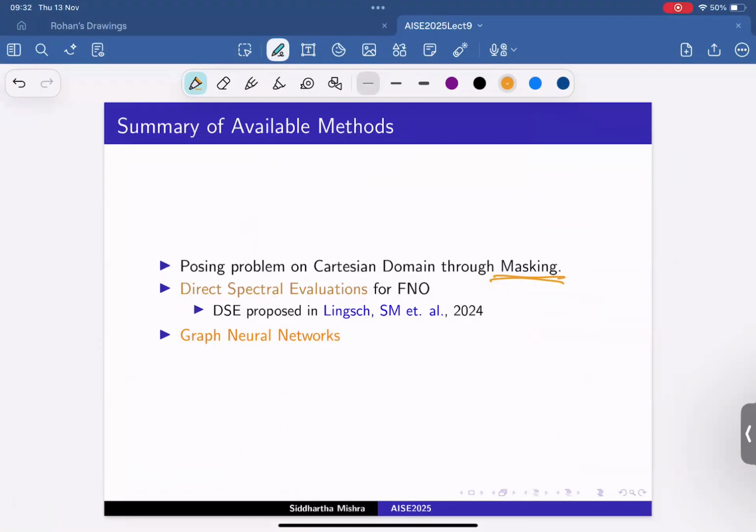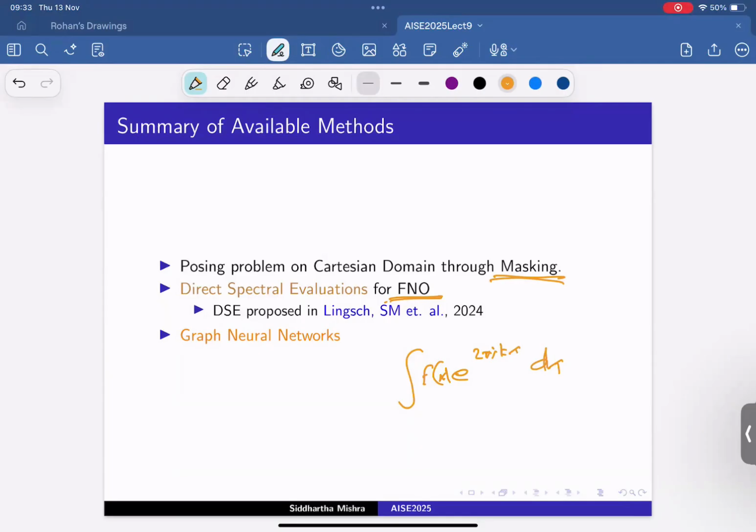Of course, FNO, for instance, is based on a Fourier transform. If you remember, you have the Fourier transform, which is an integral, f of x e to the 2 pi i kx dx, something like that. In principle, this is a well-defined object, meaning a Fourier transform is defined on any domain, nothing prevents us.